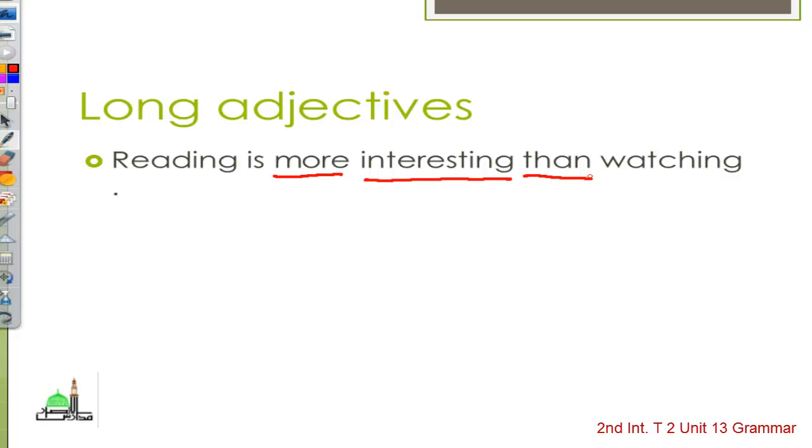More interesting than. If I have expensive, again, this is a long adjective. What can I do? I will use more, and here: more expensive than. Let's look at another example using long adjectives.